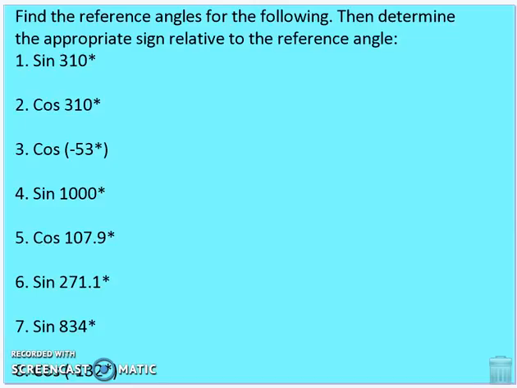Just as a matter of discussion, the reason we want to understand reference angles is that it makes it much easier to find specific angle measures that are not acute very quickly. You'll see that as we move on to evaluating other trig functions and problems in the unit circle more specifically in later chapters. So go ahead and take a moment, come back, and then take a look at your answers.